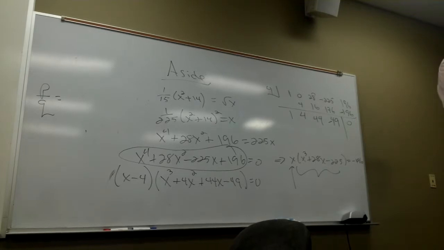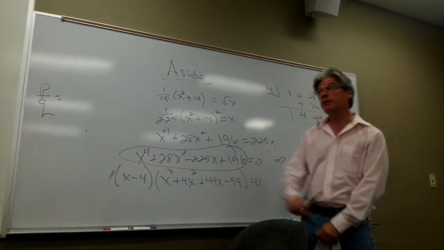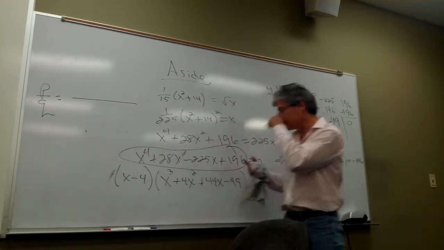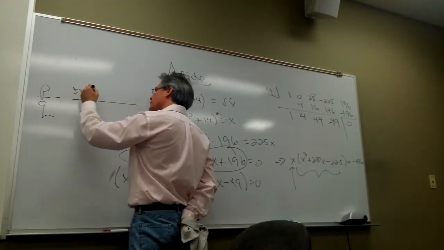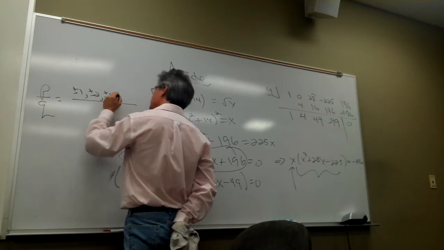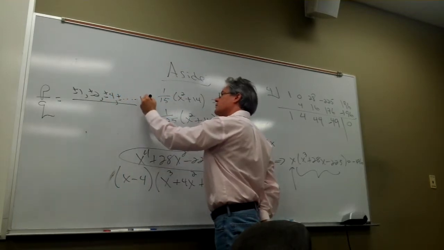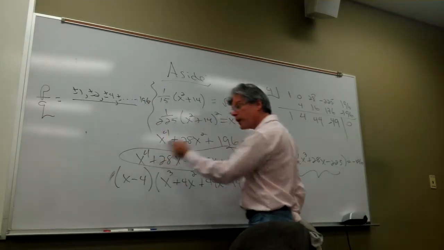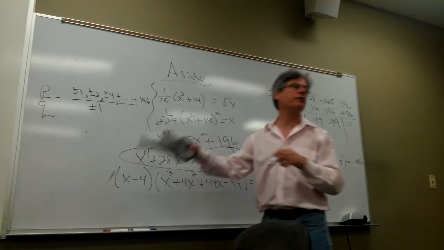If this polynomial expression does have a rational 0, it's going to be the fraction P over Q, where P divides evenly into the constant term, which would be plus or minus 1, plus or minus 2, plus or minus 4, a lot of choices, up to 196. Q divides evenly into the coefficient out front, but that's just a positive 1, so it's just going to be one of these two. And I got to choose one.